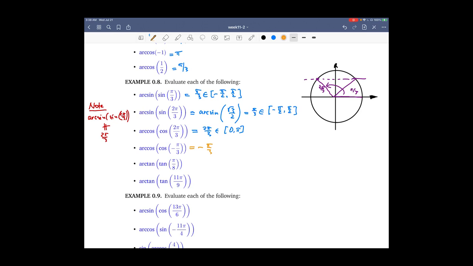Of course, cosine of negative pi over 3 equals cosine of negative pi over 3. But the problem is that it is not in the interval 0 pi. So we need another angle in the interval 0 pi whose cosine is the same as that of negative pi over 3. Again, the unit circle might help you.